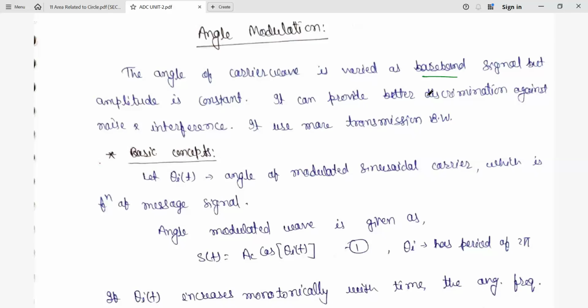So in case of angle modulation, the carrier wave is going to change as per the instantaneous value of the message signal, but here amplitude will be constant. Amplitude is constant. And it can provide better discrimination against the noise and interference, since here amplitude is constant, so it will be less affected by the noise, and it is going to utilize more transmission bandwidth.